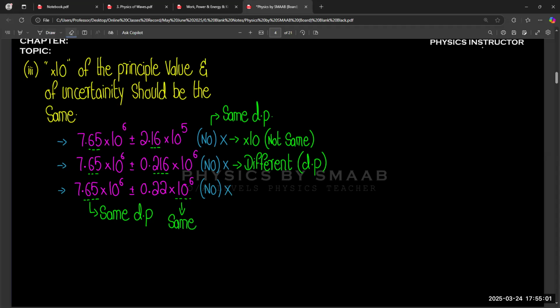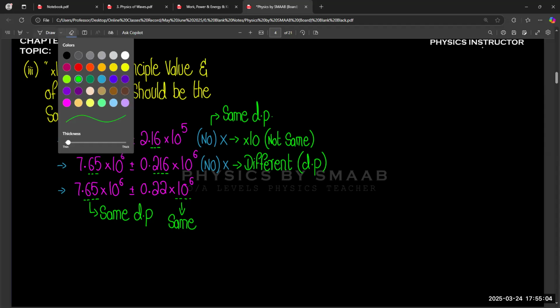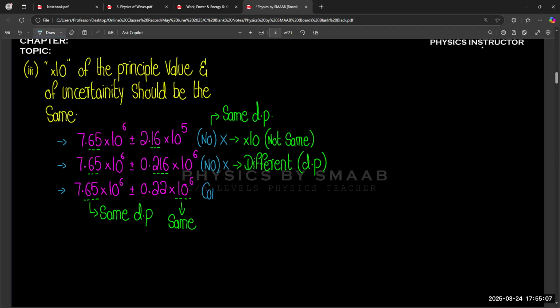So it means option number three is the correct way to write uncertainty with the true value, right? Any confusion in this? So the third option is the correct way to write the uncertainty with the true value.